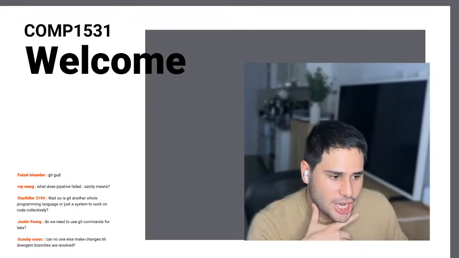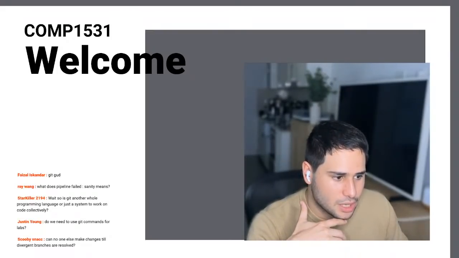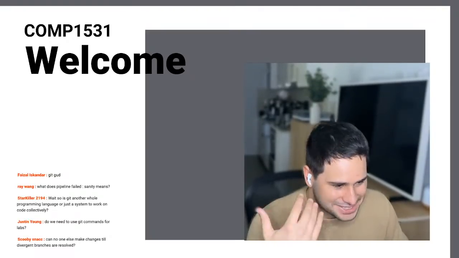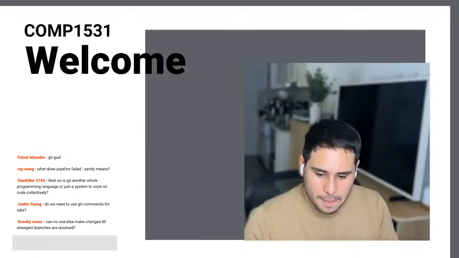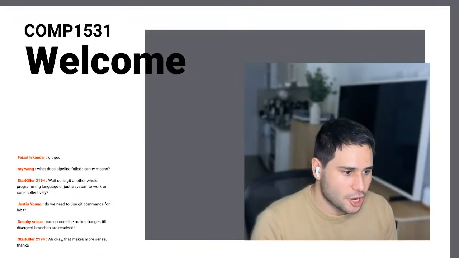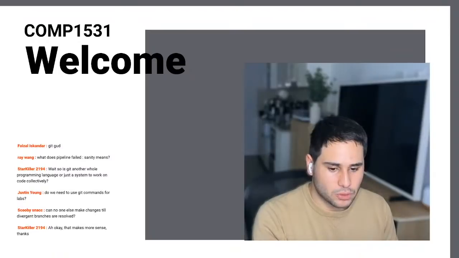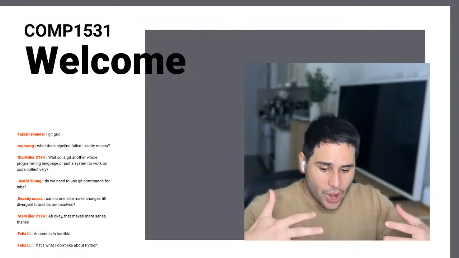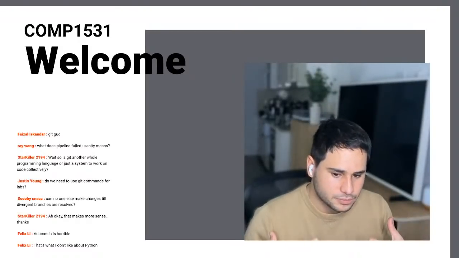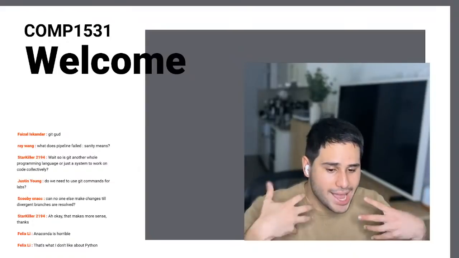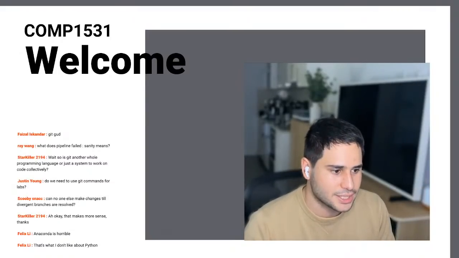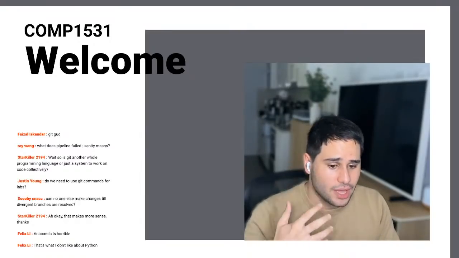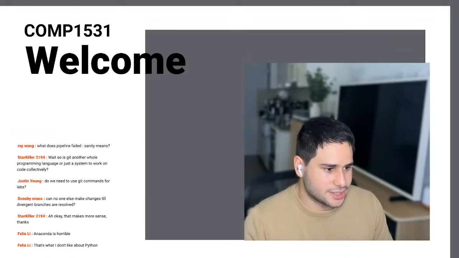Can no one else make changes until divergent branches are resolved? So the thing you've got to remember, Scooby Snack is what I'll call you, is that Git is a distributed system. So you could have 5 people working on the same Git repository. When you clone it, you clone the entire Git history of that particular project. So it's possible to have 5 divergent branches.